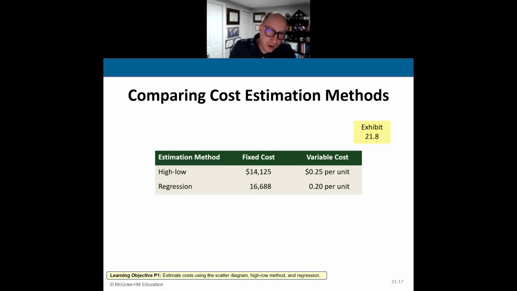Regression analysis will produce a fixed cost of $16,688 using the same data. The variable cost is also going to be different: 25 cents with the high-low method and 20 cents using regression analysis. Which one is more accurate? It's up to you. I would say that whichever one produces the lowest cost is going to be more accurate. But regression analysis is probably most accurate.